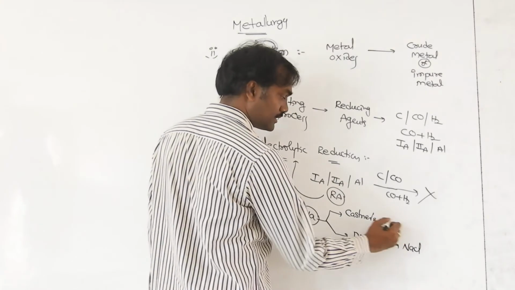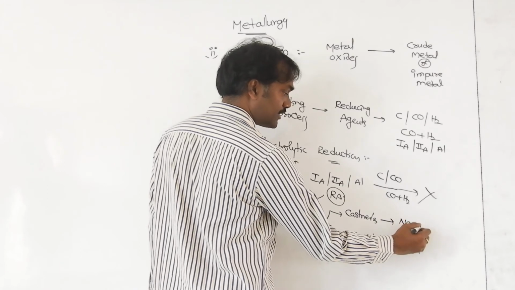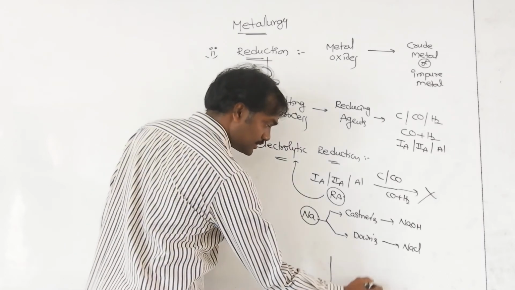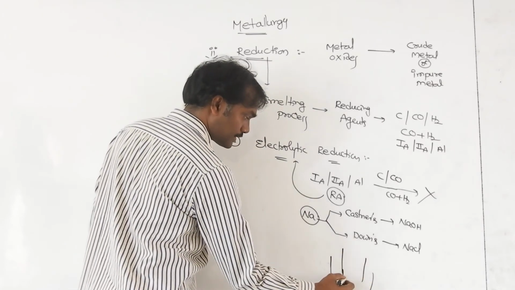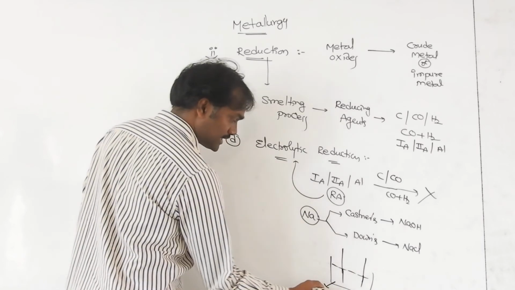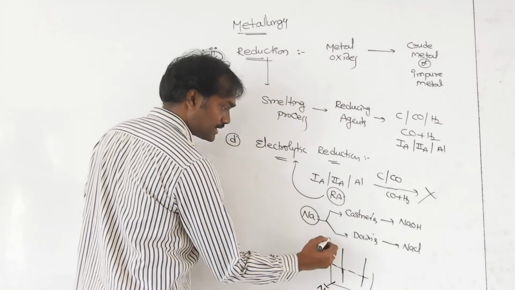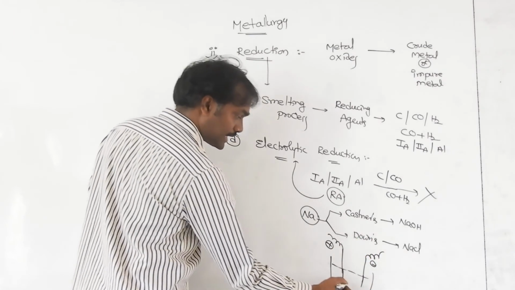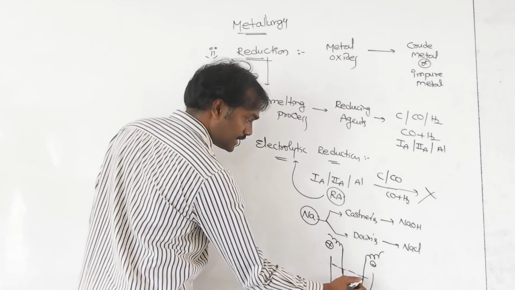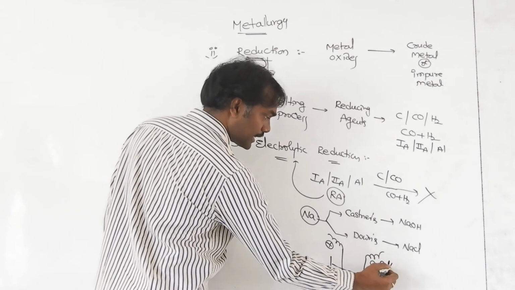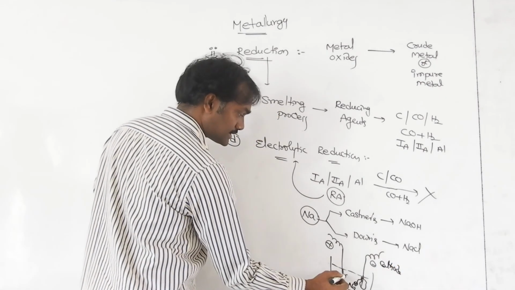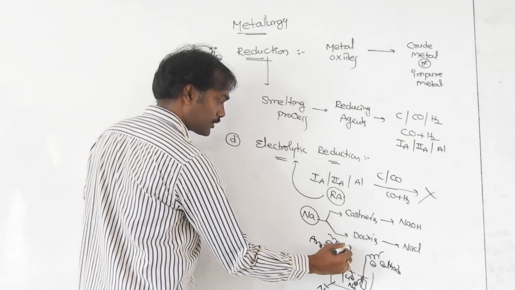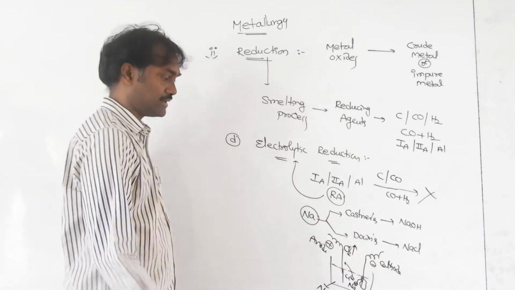Not NaCl brine solution; in Castner's process it is NaOH. In Downs process, molten NaCl is taken. One electrode is connected with positive, another with negative. Na plus is deposited on the cathode. Next, Cl minus comes to the anode, and the chlorine gas goes outside.